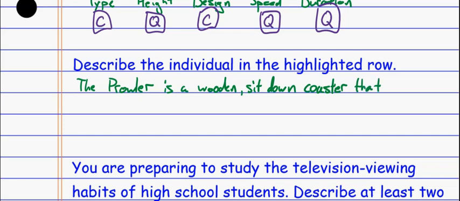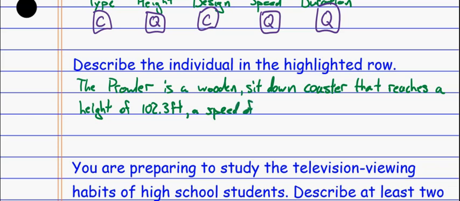And then I would talk about the quantitative data. I would say that it reaches a height of 102.3 feet, a speed of 51.2 miles per hour, and it lasts 150 seconds.